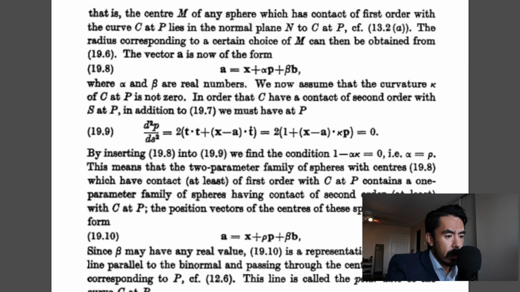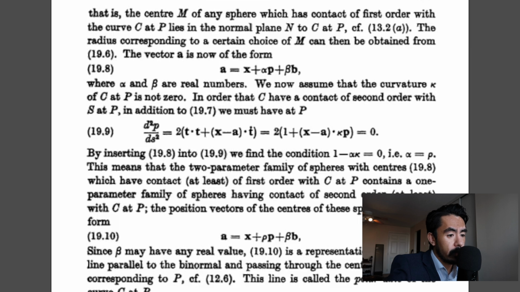The radius corresponding to a certain choice of M, the center of your osculating sphere, can then be obtained from what we just calculated. The vector A is now of the form A equals the vector x plus the scalar alpha times the vector p plus the scalar beta times the vector b, where scalars alpha and beta are real numbers.